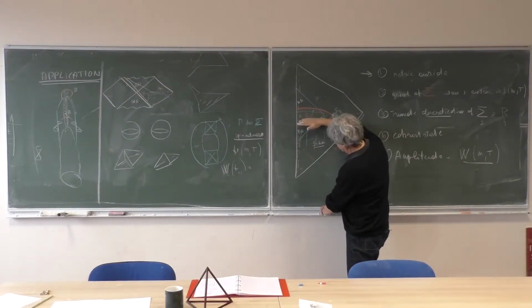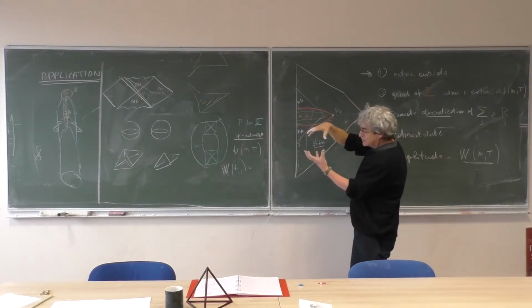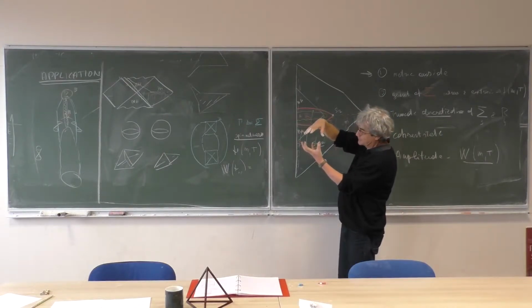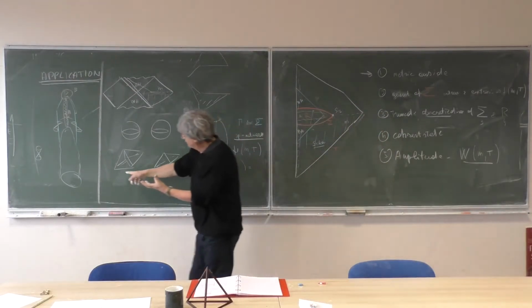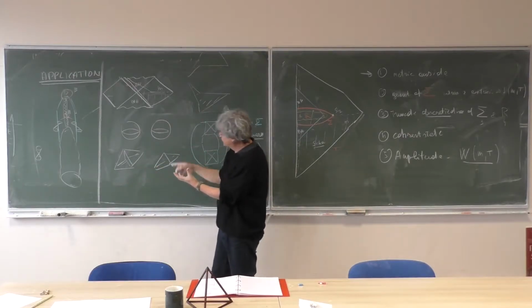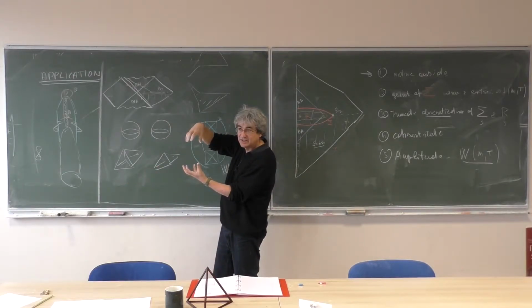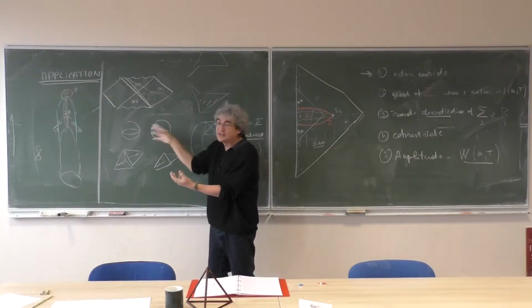One lower 4-simplex and one upper 4-simplex, joined by a tetrahedron. The lower one is bounded by 4 tetrahedra. The upper one is bounded by 4 tetrahedra.